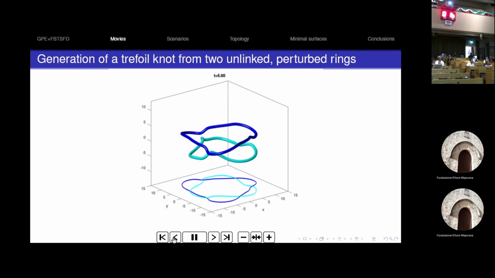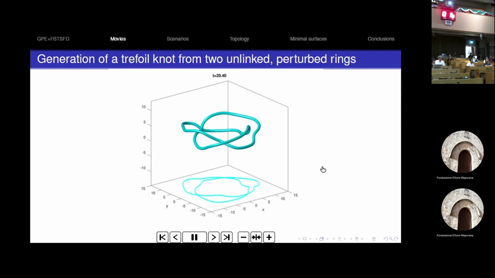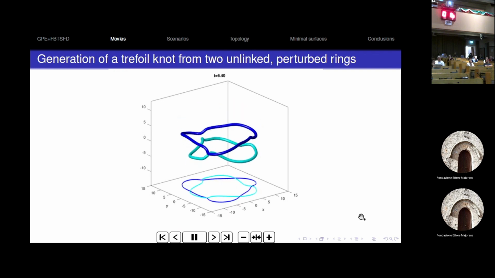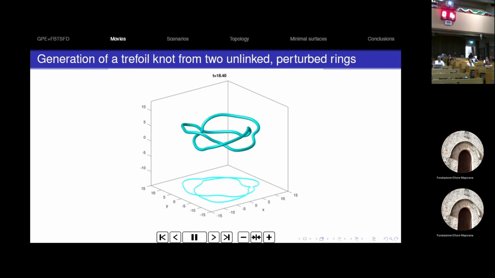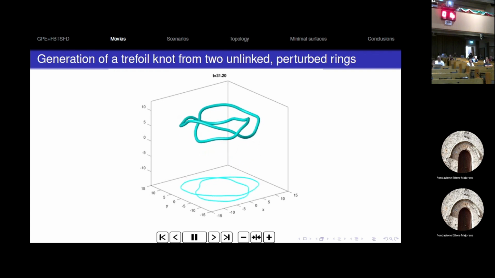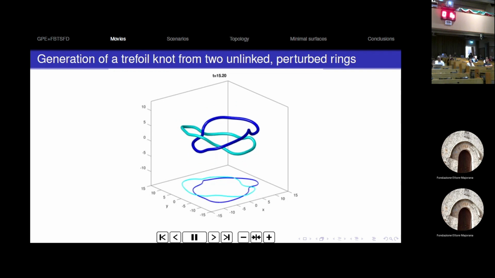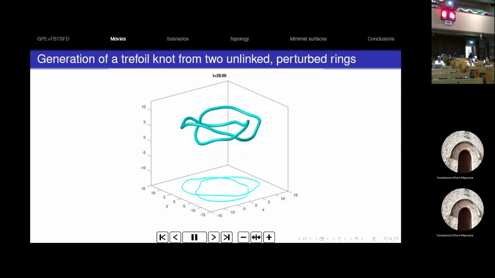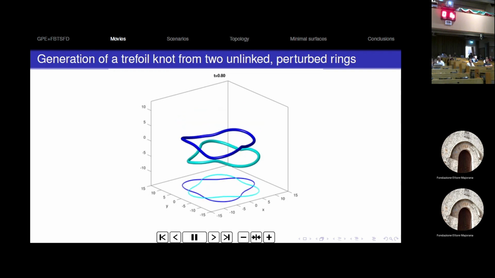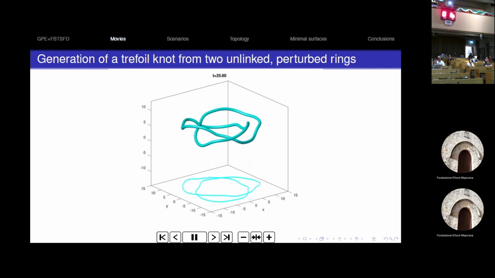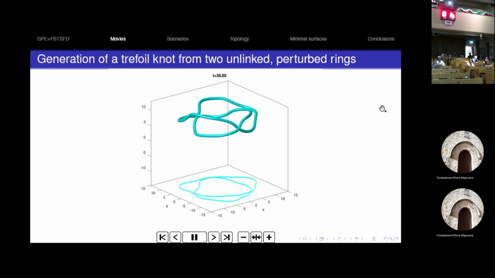Where you see we start from very perturbed rings, and you see the formation of one loop and then of a trefoil knot. Actually, it's more complicated: simple loop, Hopf link, trefoil knot. So this is very interesting, we call it inverse cascade, but we'll see it later.